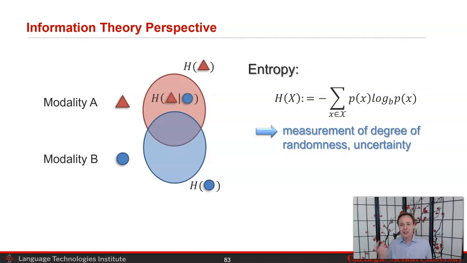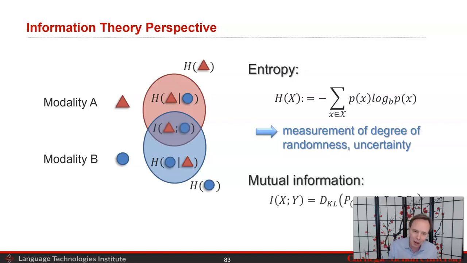Now you have this conditional entropy that's really interesting. It's the inside of the red, everything of modality A that, if you already knew modality B, how much more information would you gain from seeing samples over and over from modality A? And again, seeing it the other way, how much of B do you gain after knowing A?